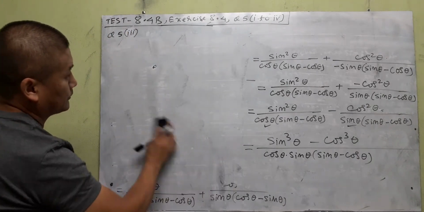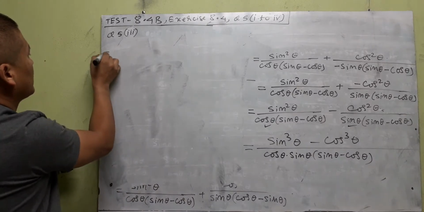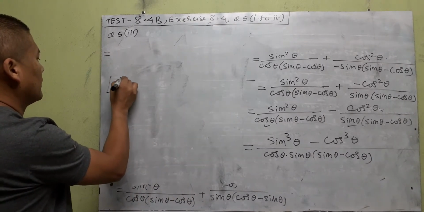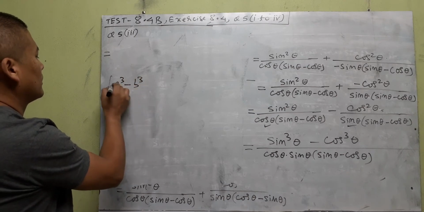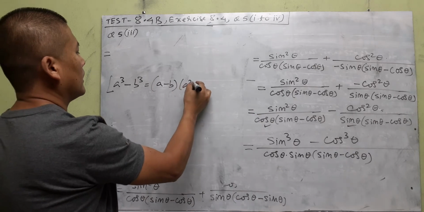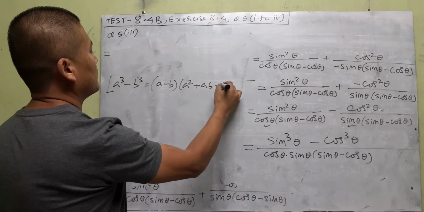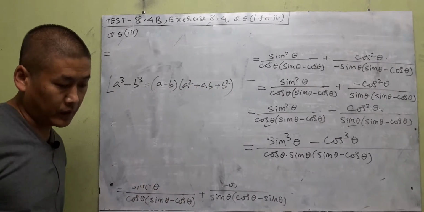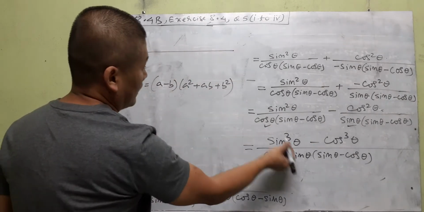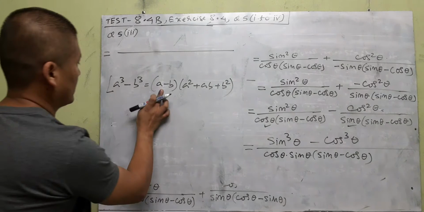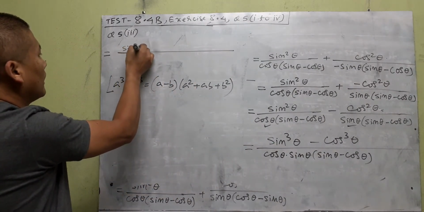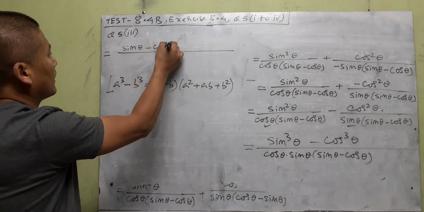Okay, so here, let's write down, equal to. There's a formula here: a cube minus b cube is equal to a minus b into a square plus ab plus b square. We will apply this formula. Now let us apply that on the numerator. A cube minus b cube: a is sin theta, b is cos theta.